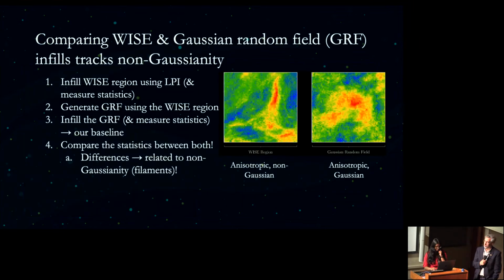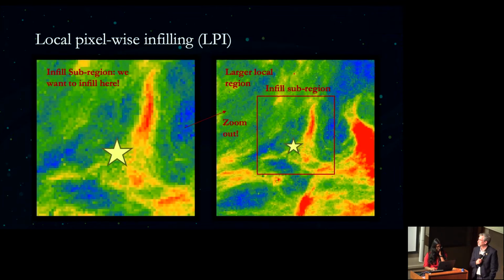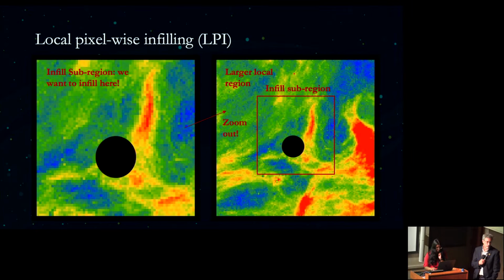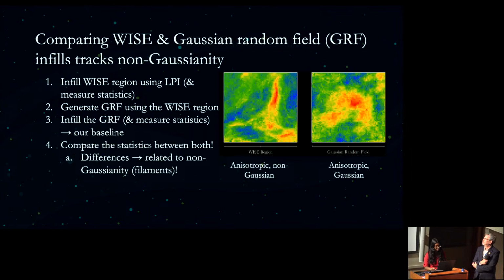Yeah, so let me go back to the original. Okay, sorry. So the thing that it's doing, the black region, is we're masking out regions that we want to infill, right?